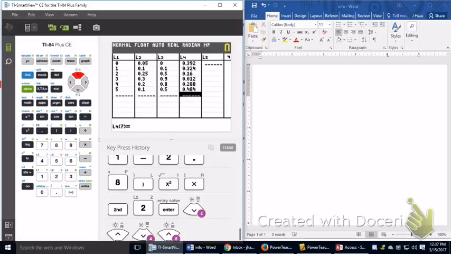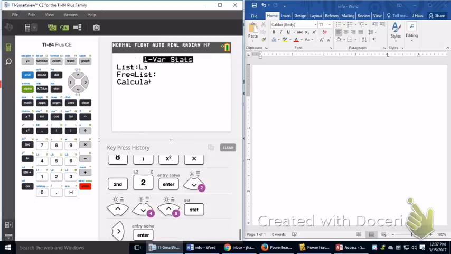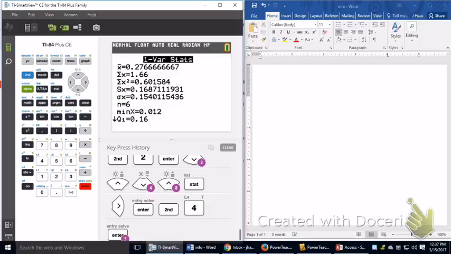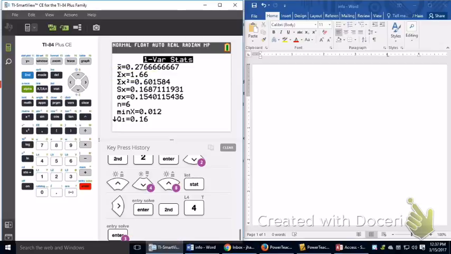total variability. So then I can do stat, calculate 1-Var Stats on L4 this time, and the sum of those values is going to be my variance. And then to get it into the standard deviation, you are just going to need to do the square root of 1.66.